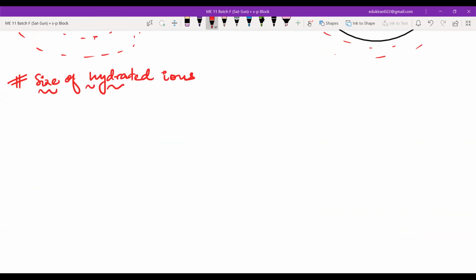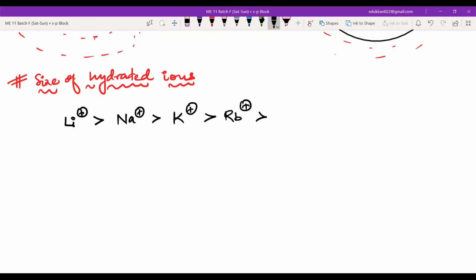In size of hydrated ions, lithium positive is going to be the largest, followed by sodium, potassium, rubidium, and then at last cesium.